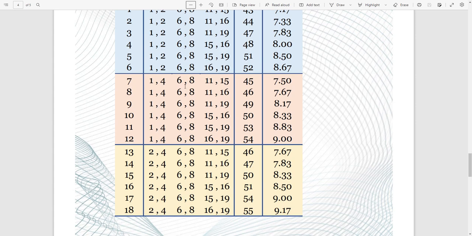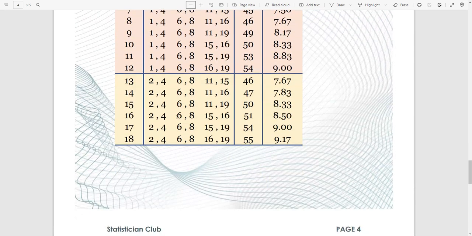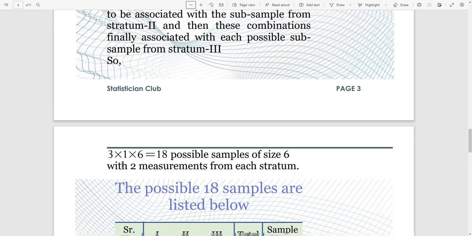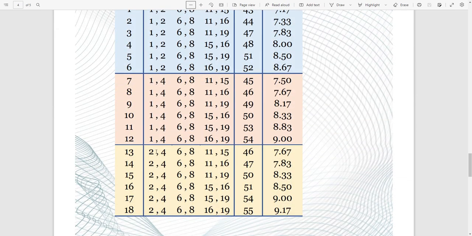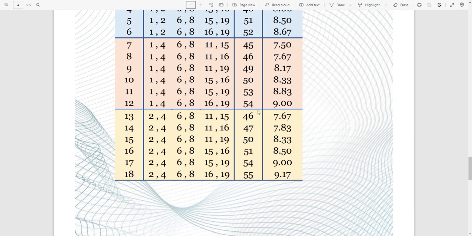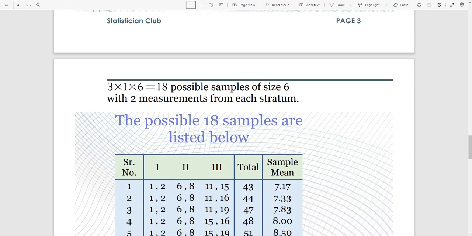So we combine 1 4 with all 6 combinations: 1 4 with 11 15, 1 4 with 11 16, and so on, and at stratum 2 we have only one sample, so we continue with 6 8. At the third slot we are left with 2 4, because stratum 1 has 3 samples, and 2 4 combines with all 6 samples from stratum 3, 11 15, 11 16 and so on. In this way we complete all 18 samples.